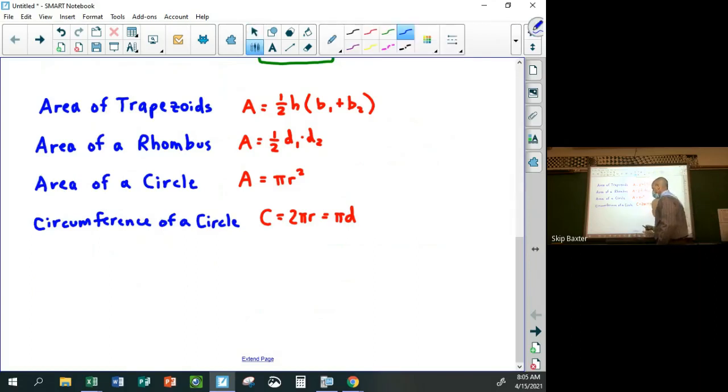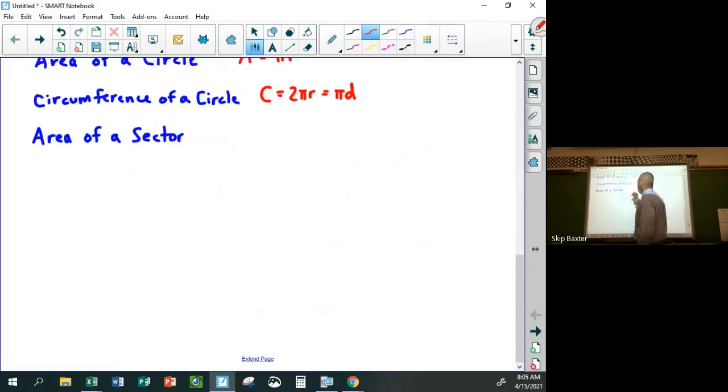And then the next topic was area of a sector. Remember, a sector is just like a slice of pie, of a circle. So it would be the central angle divided by 360 degrees times pi r squared. So you're basically calculating some fraction of an entire circle.